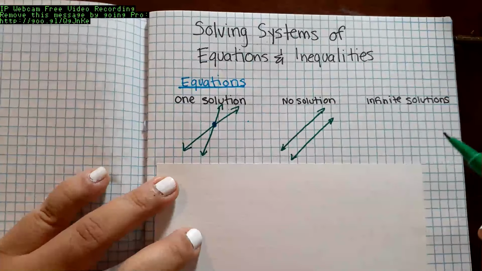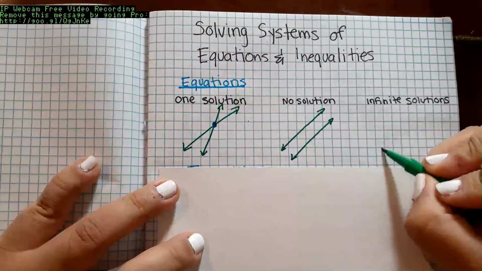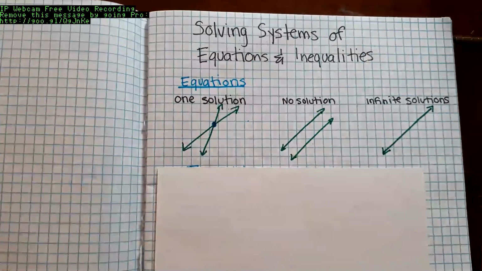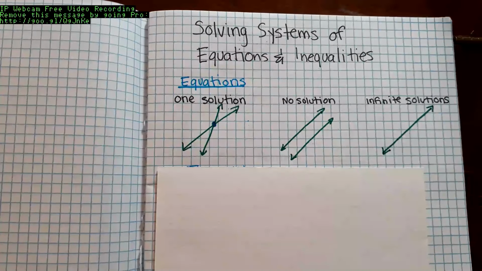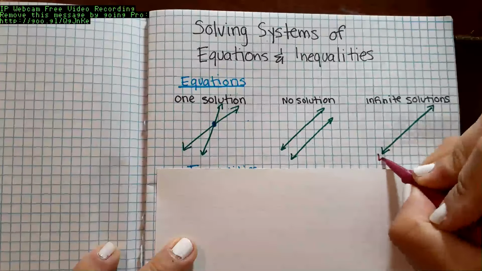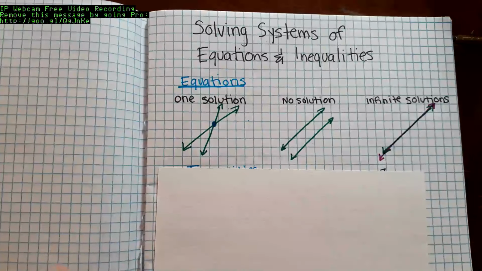Our last option is infinite solutions. This is where we're given two equations, and when we graph our lines, we end up seeing that one line is going to completely cover the other one.